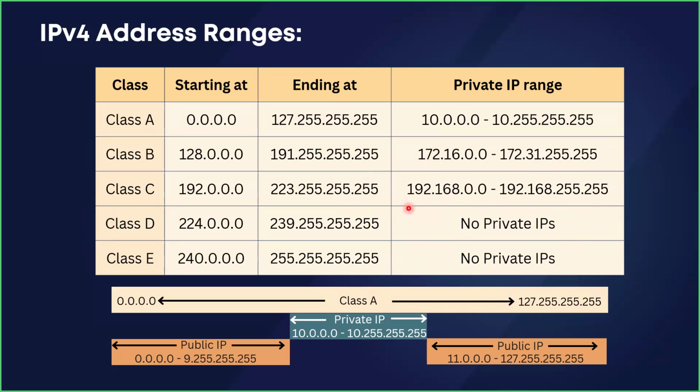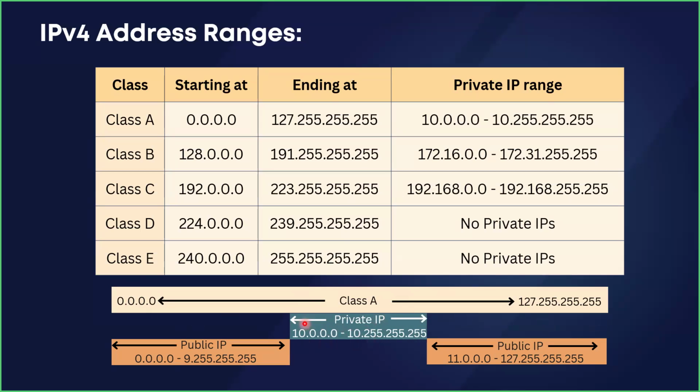Now, if I had to elaborate this using a certain example, let's take the example of the first class, class A. It begins at the first IP 0.0.0.0 and goes up to 127.255.255.255. That's the entire class A range. Now, in that entire class A range, there's a small private IP range from 10.0.0.0 to 10.255.255.255.